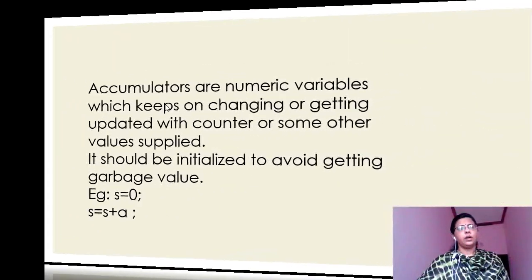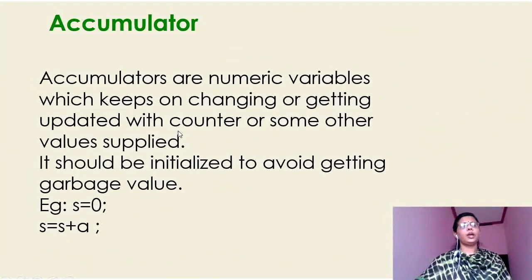Okay. Next is accumulators. Accumulators are numeric variables which keep on changing or getting updated with the counter or some other values supplied. So like counters, accumulators are also numeric variables. Then how does the value keep on changing in an accumulator? It is with the help of another variable.